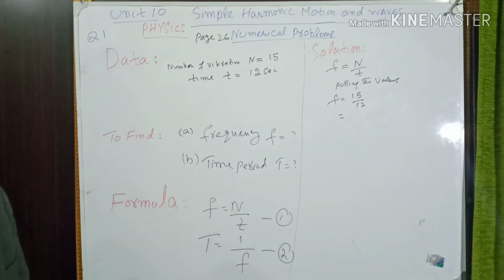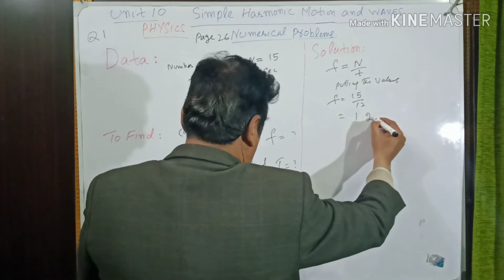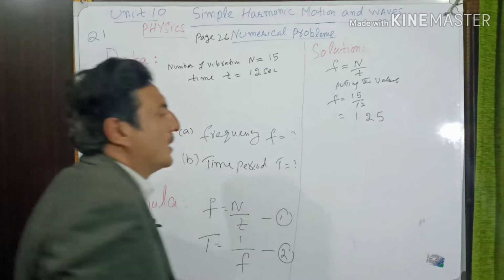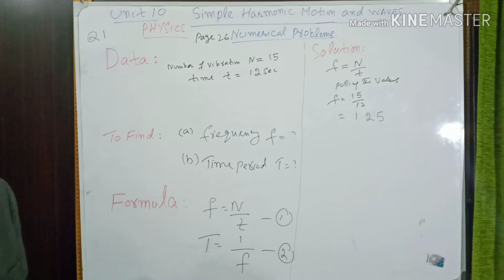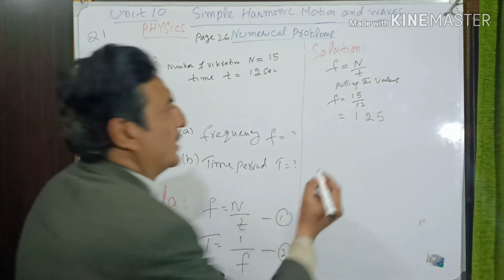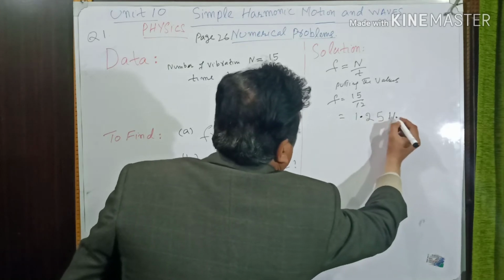So after division, 15 divided by 12, we get 1.25. And what is the unit of frequency? Yes, hertz.